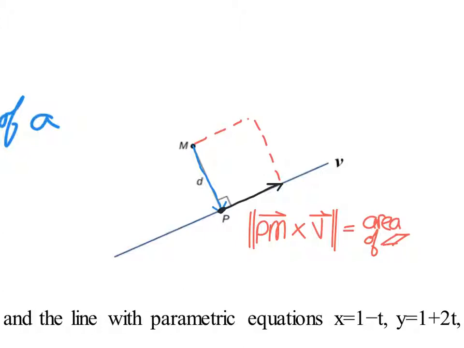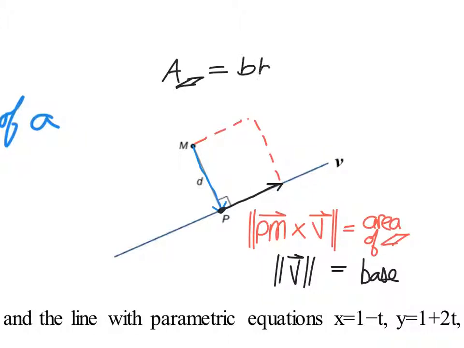Now, this vector V would be the length of the base. Its magnitude anyway. Just going back to the definition of the area of a parallelogram, it would be base times height, right?